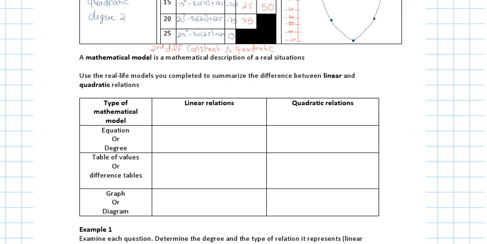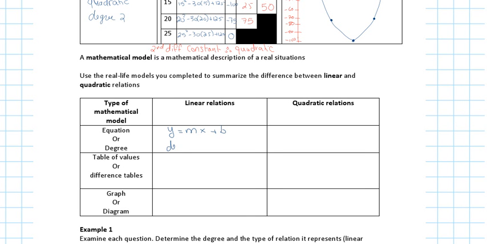So here is a summary of what we've learned. If I have a linear relation, then my equation is gonna look like this. And what would be the degree for this one? Degree 1. The quadratics, what's the degree for the quadratics? 2.